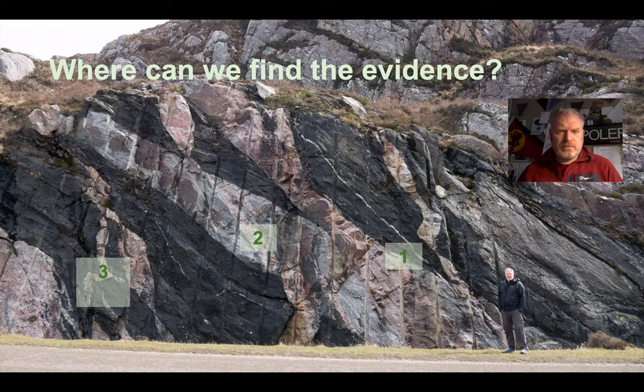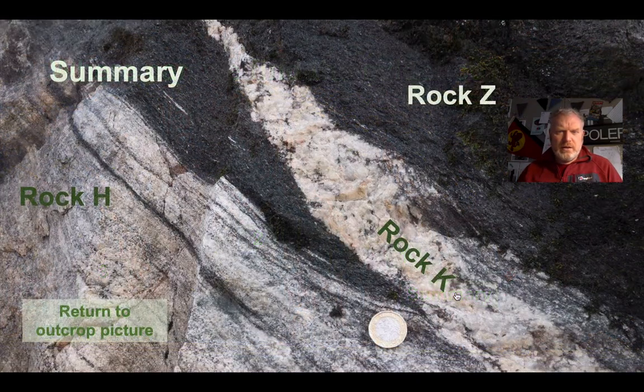Okay, so at locations 1, 2 and 3, we've now seen 2 of these rocks close to one another. If we want to try and piece together the whole picture though, we need to have a look down here at the bottom. Let's look at an area that perhaps will give us a bit more of a summary of these. Here we can see all 3 rock types together.